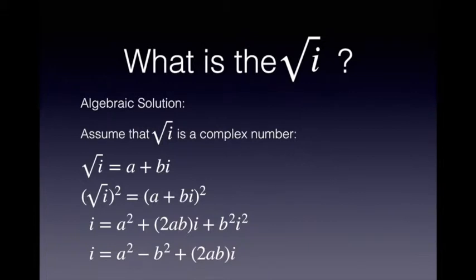But i squared is -1. So when you rearrange all of that, it's going to be i equals a squared minus b squared plus 2ab times i. So make sure you've got no questions on that, and we'll move on to the next slide.